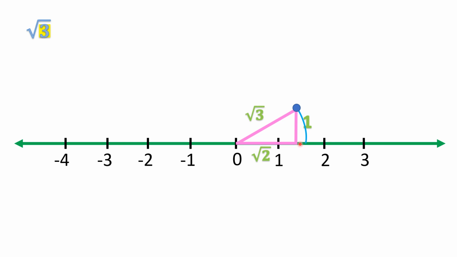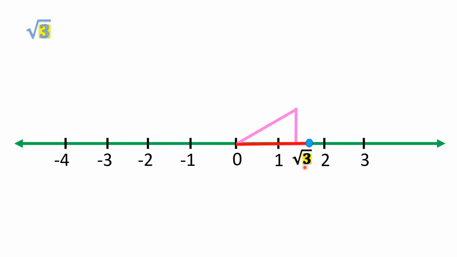So we are going to mark this entire distance as root 3. Since the arc touched the number line at this point, this line is of root 3 unit measurement. Therefore we have plotted root 3 on the number line.